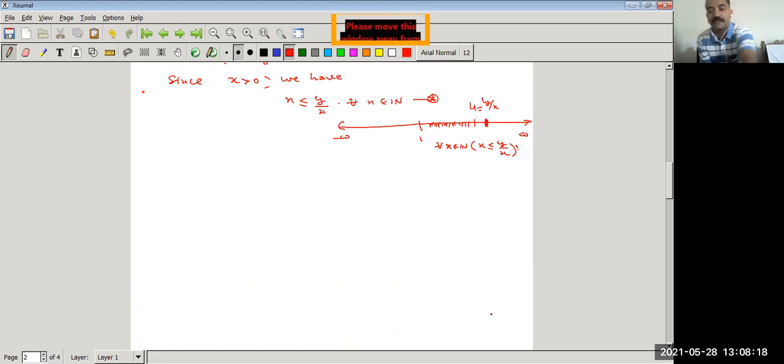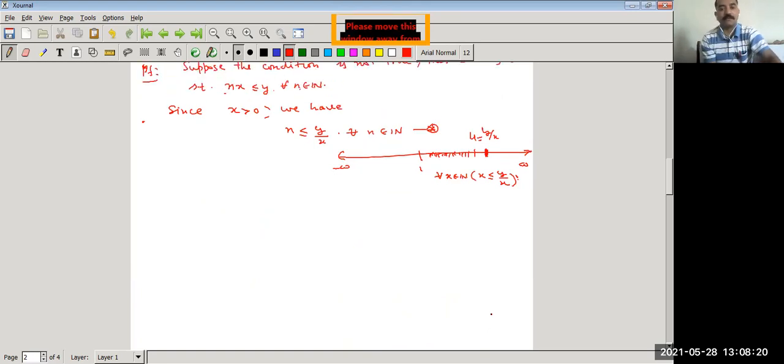So if we try to prove this by taking that nx is less than or equal to y, then we get an upper bound, and y upon x is a real number. So we get a real number such that all the natural numbers are less than or equal to y upon x, which means the set of natural numbers is bounded above.